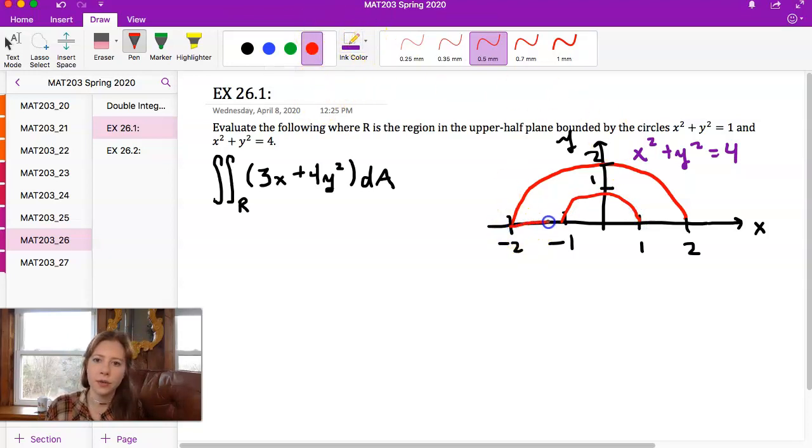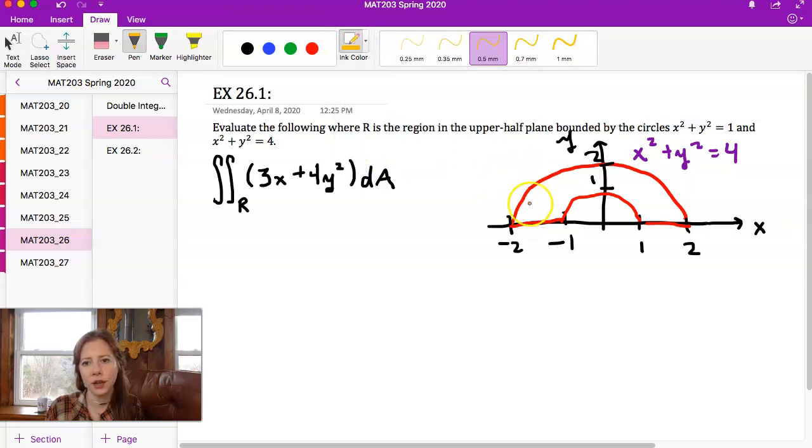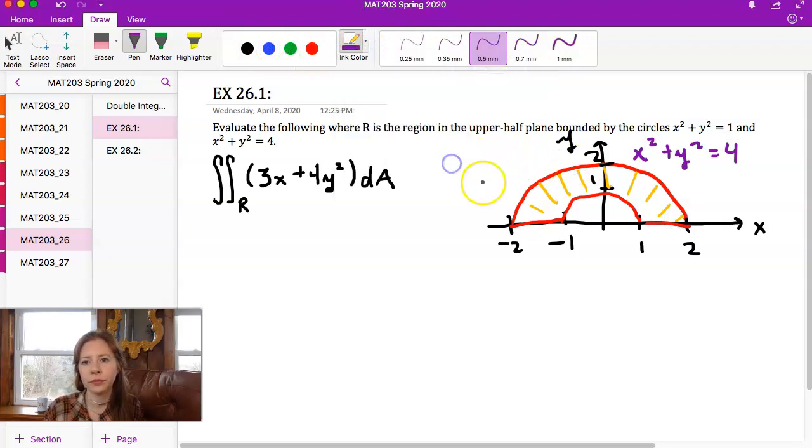Okay, and so there's our region. Shade it in a little. Okay, so this is the region we're looking at. And the lower bound is x squared plus y squared is equal to 1.